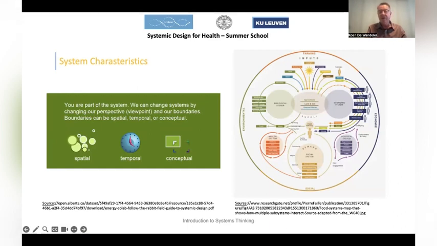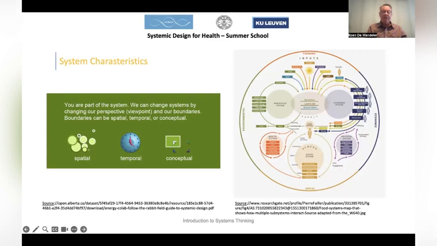It involves a social system where people choose to consume certain food, and it involves an environmental system. So we all are part of a system, of several systems.